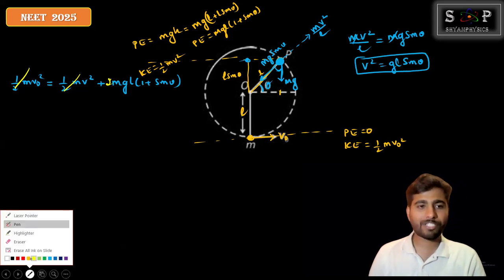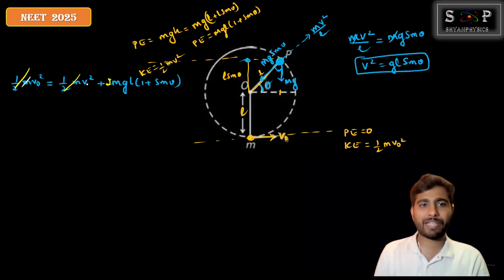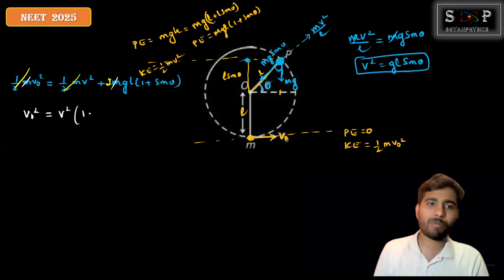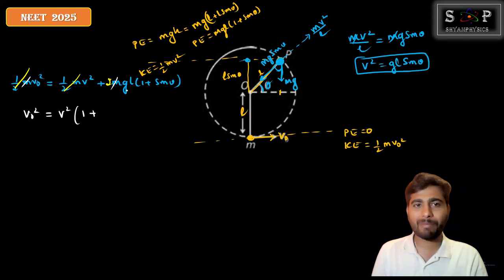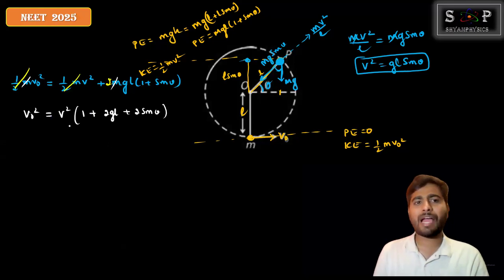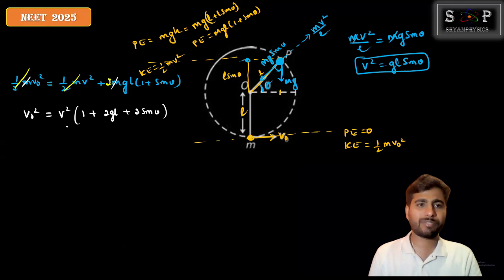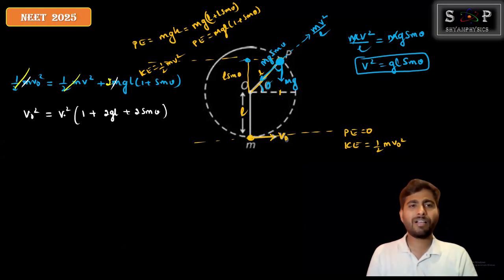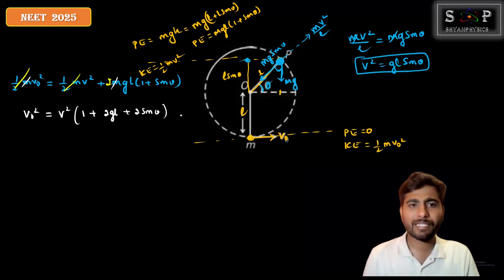Next, m also cancels everywhere. Here v naught square is equal to, I will take v square as common. On taking v square common, 1 plus, I will multiply this inside, 2gL plus 2 sin theta. Correct, my point?